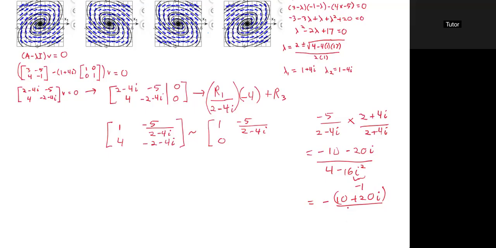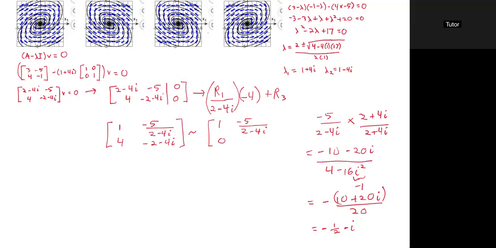Over 4 plus 16, which is 20. So this simplifies to negative 1/2 minus i.